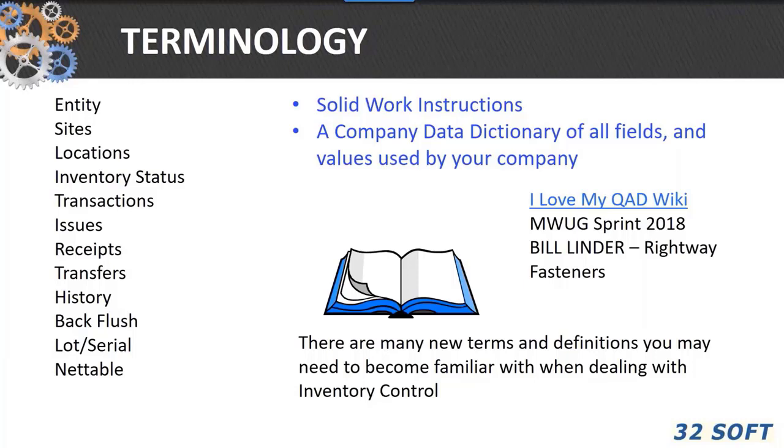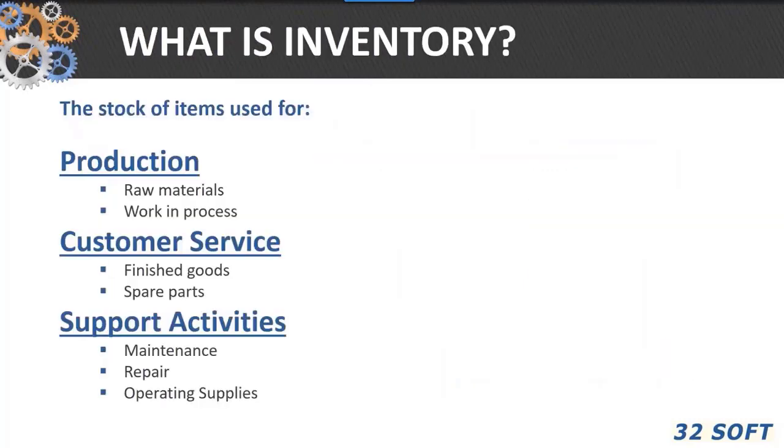So what is inventory? Well, inventory is stock, material. It's called lots of different terms, but it's basically stuff we have around to allow us to do production, to satisfy customer service with finished goods and spare parts, and to support activities such as MRO: maintenance, repair, operations. We can pretty well classify inventory, and there are a lot of fields within QAD: the item type, the category codes, the user definable fields.